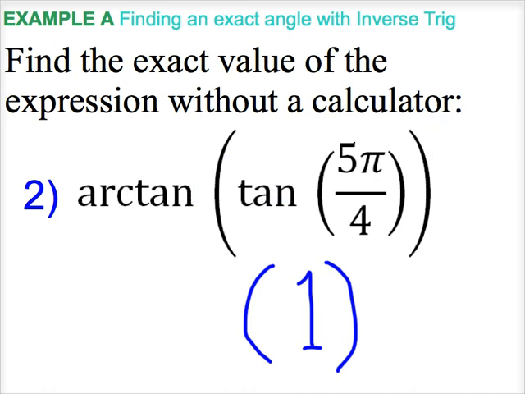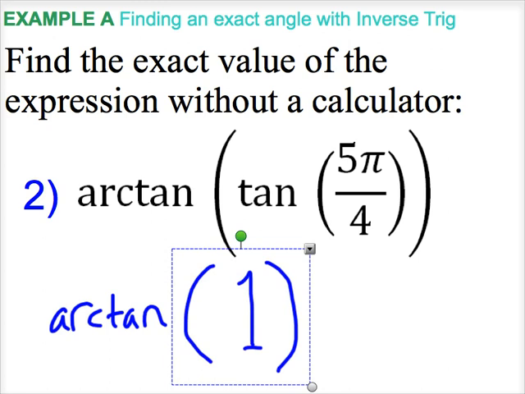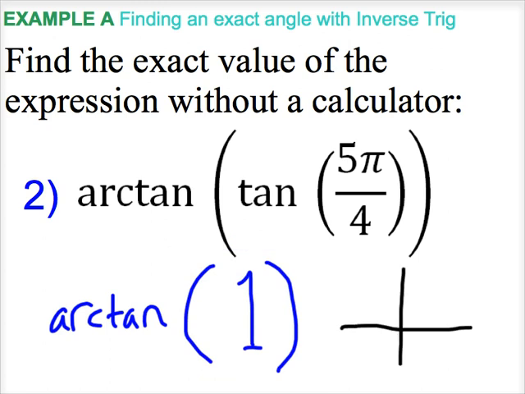Now when I allow myself to focus on the arctan portion of that, now I say, what is the arctangent of 1? I remind myself that inverse tangent or arctangent will land me in either the fourth or first quadrants, and since I'm dealing with the positive value, I'll be dealing with the first quadrant.